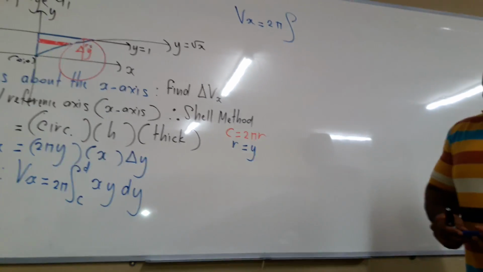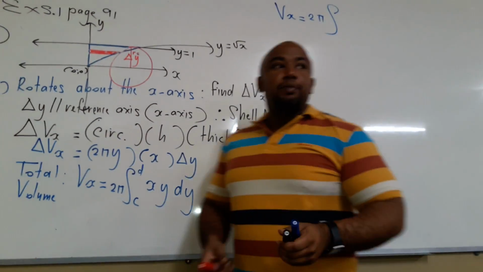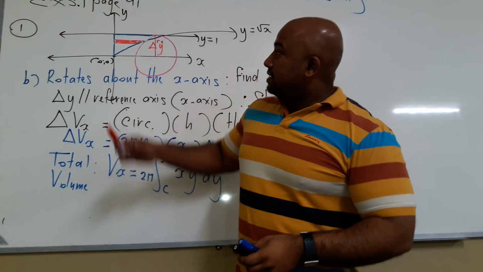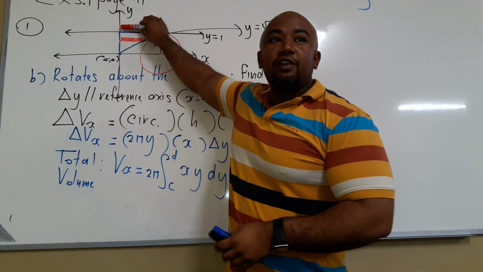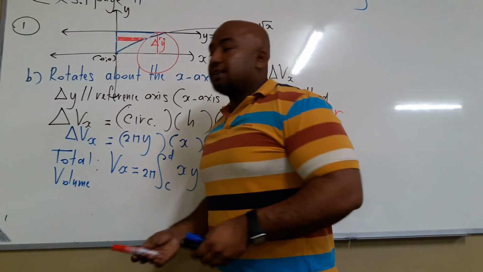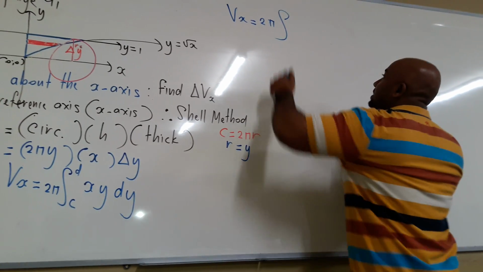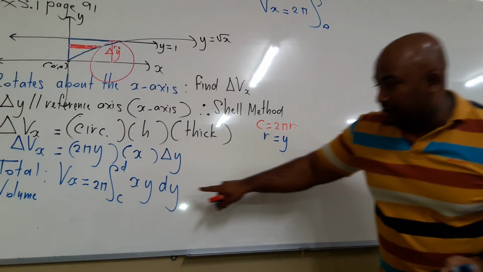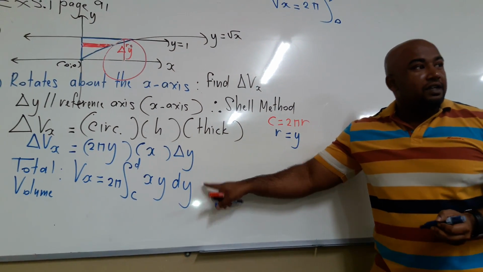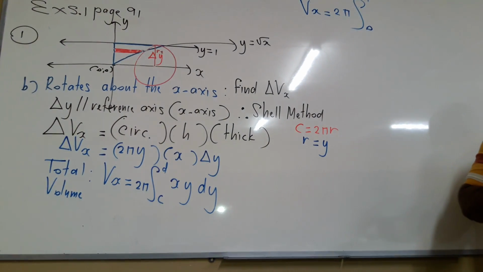The same y values. What was the y value at the beginning of the area? The beginning was 0 and the highest point, the y value at the end, was 1. So we are still dealing with 1 and 0. So we got dy here. It means integrate with respect to y.